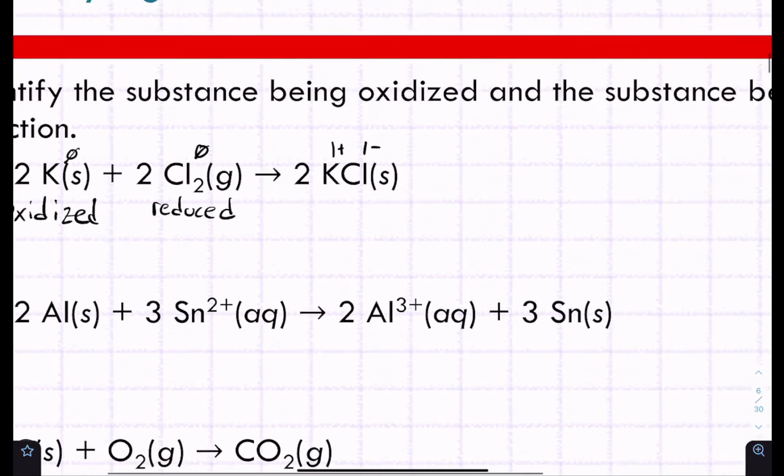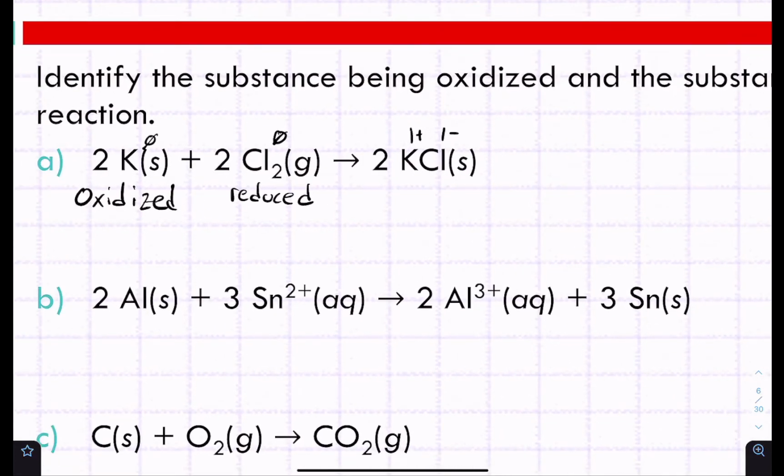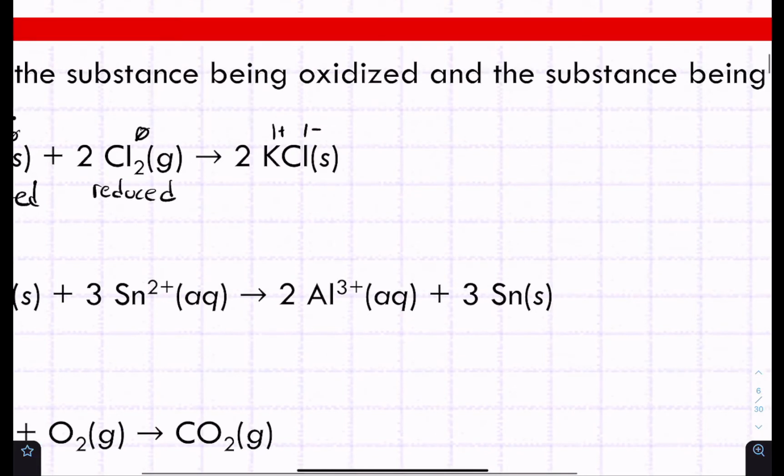Just to demonstrate this: the reason that elements have charges is because they have different numbers of electrons than protons. The number of protons never changes. If we look at just potassium, how many protons does potassium have? 19 protons. I'm going to write this as P+.